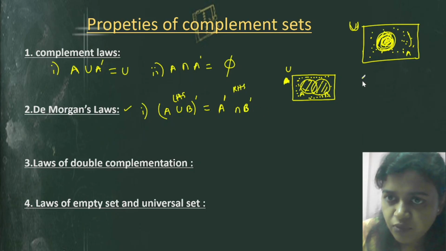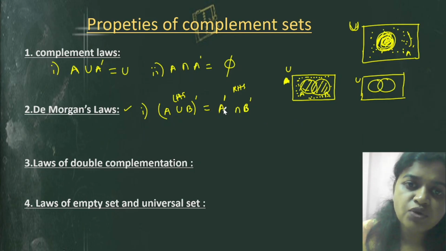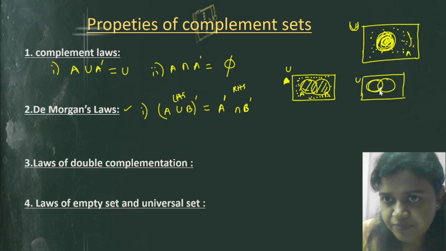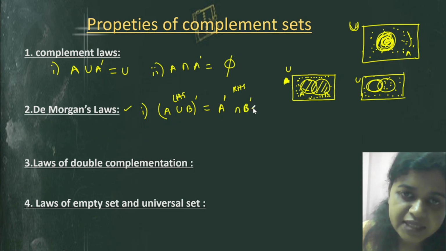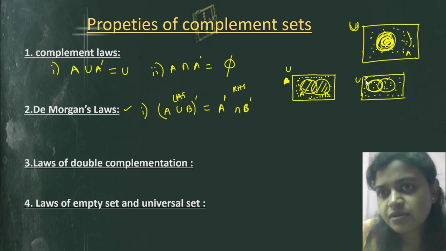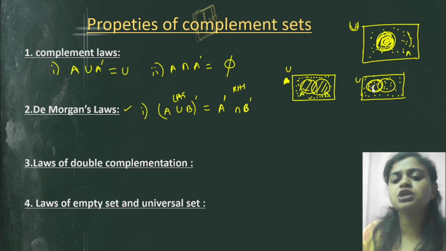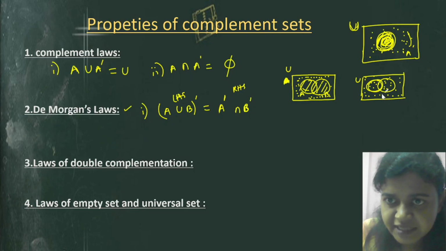Now we draw another diagram to understand the RHS. This is U, the rectangular shape. This is A, and this is B. So A complement: if we remove the A portion, we'll get this portion of B and the outermost portion of U. And if we find B complement, we have to remove the B portion and we'll get this portion of A and the outermost portion.